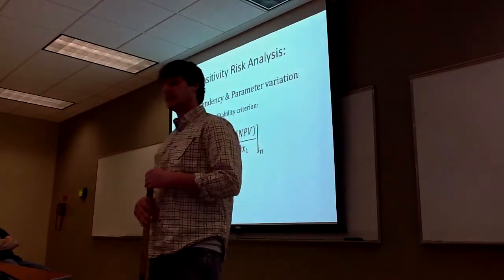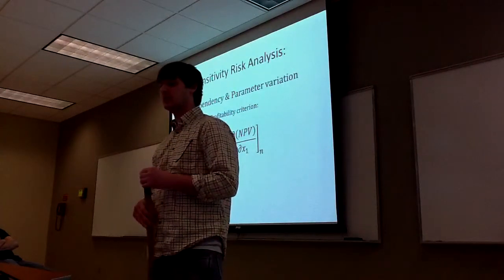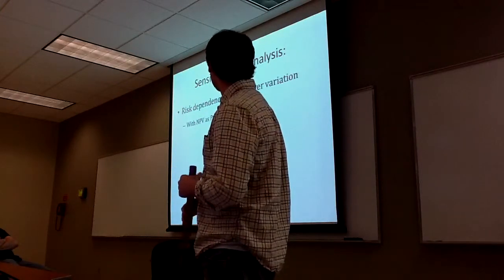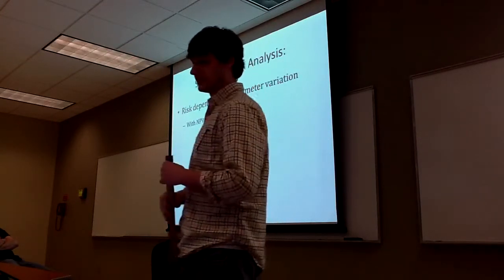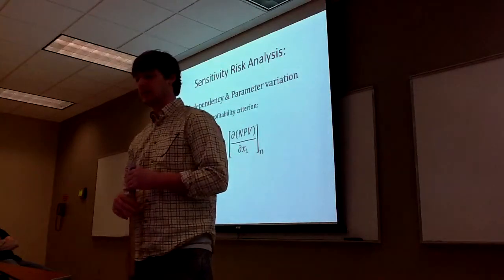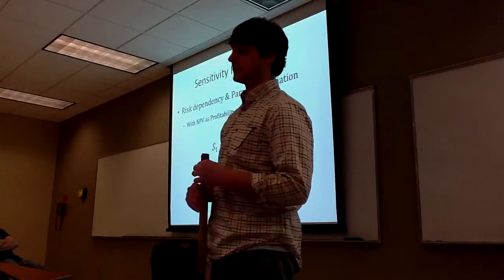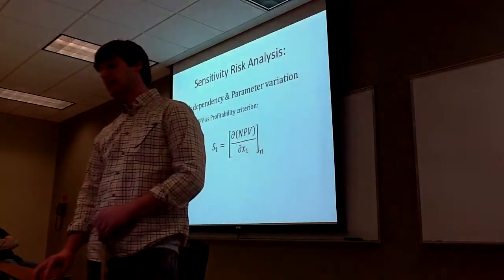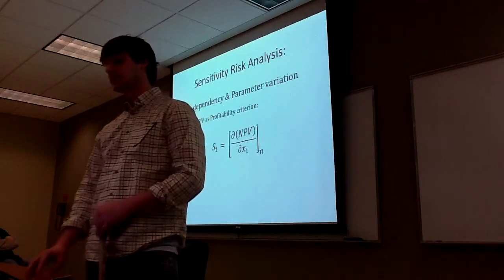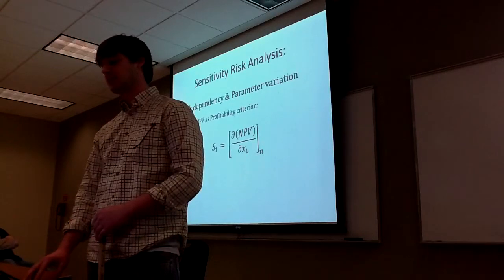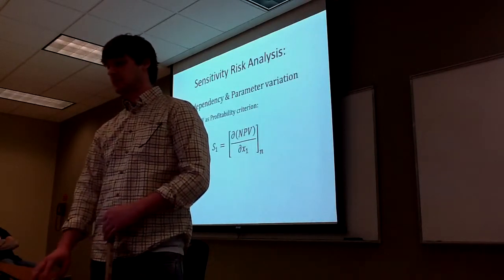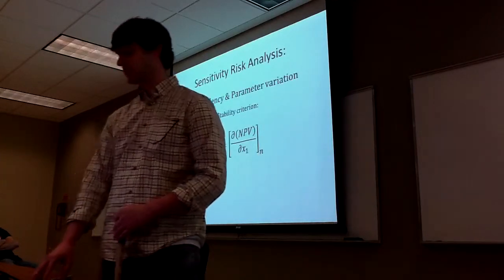Take the partial derivative with respect to the variable of concern, n being the total number of variables you're using in calculating your cost estimation, and S1 is just basically your sensitivity coefficient. And how you'd evaluate that was, to evaluate the change of the net present value, you'd sum all the sensitivity coefficients and their change.